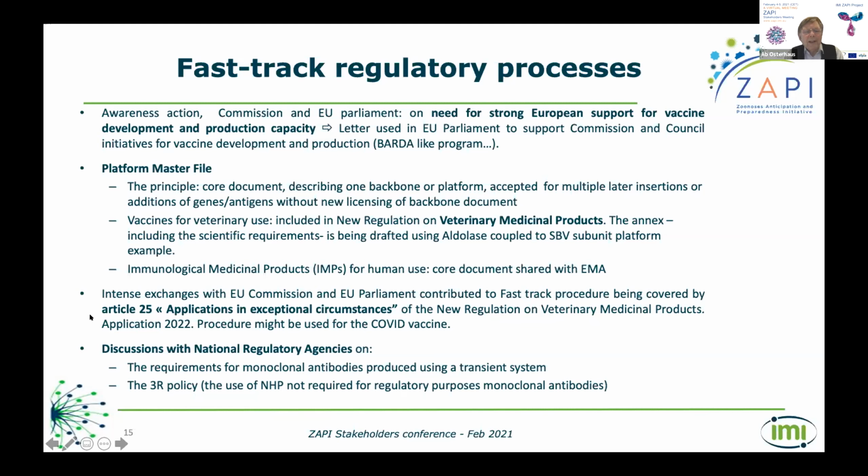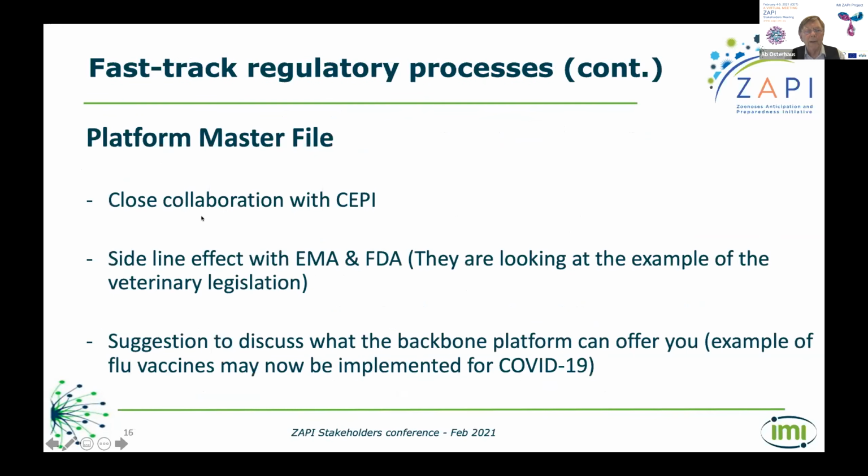Well, there are intense exchanges with the EU Commission and the EU Parliament for the fast track procedure being covered by Article 25, applications in exceptional circumstances, and basically the discussions also with national regulatory agencies are ongoing, and especially requirements for monoclonal antibodies produced in transient systems, and also the 3R policy getting a lot of attention.